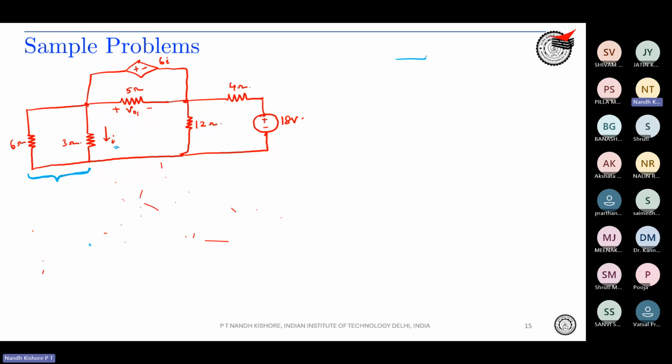Imagine this: let's say through 10 ohm, I'm able to flow 10 ampere of current.